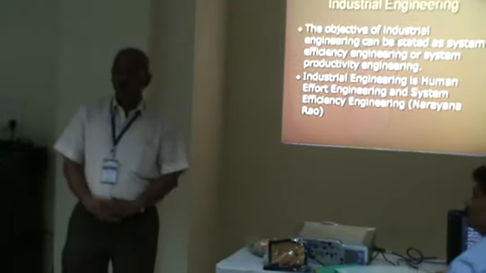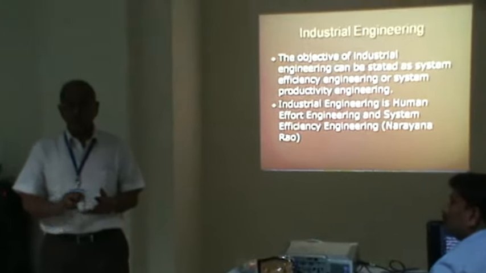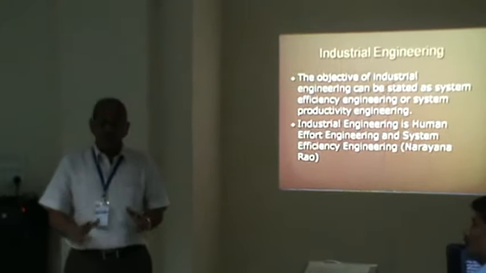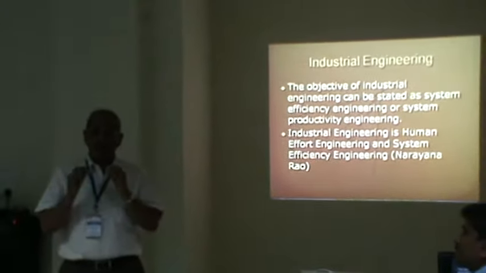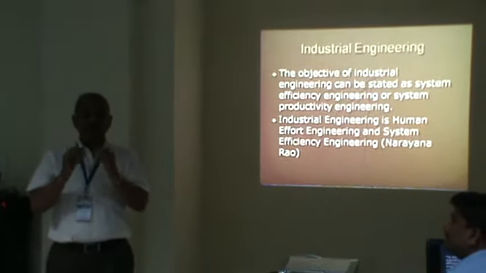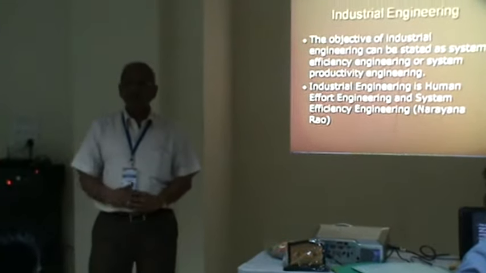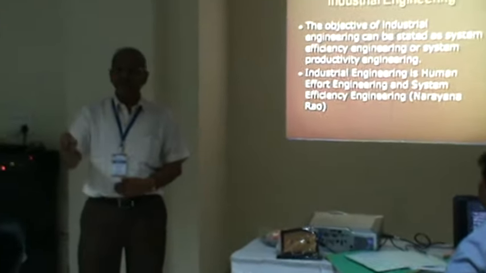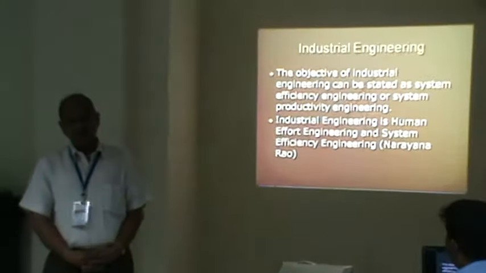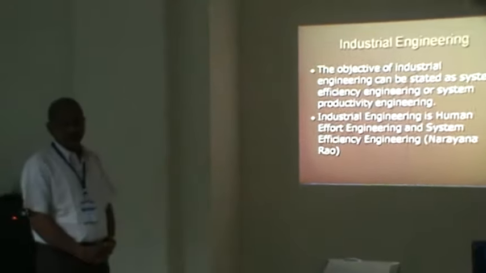If you go to the people who developed industrial engineering, F.W. Taylor, Gilbreth, Harrington Emerson, in any of their books you see, very clearly they have written that the objective of their effort is efficiency improvement. Professor Monti, in an article, says that by 1930 industrial engineering was ready to be an efficiency advisor.